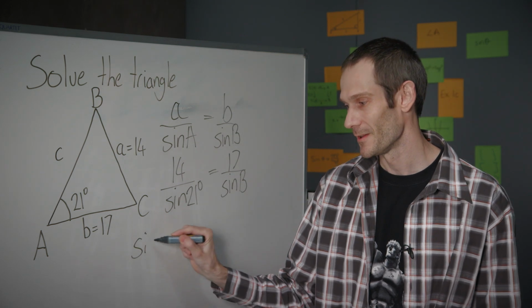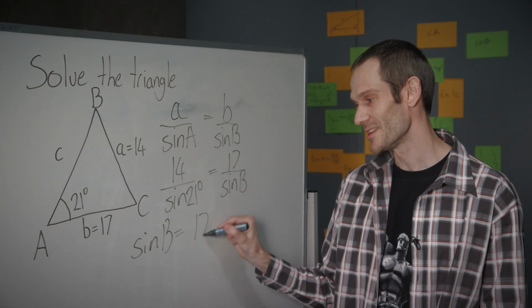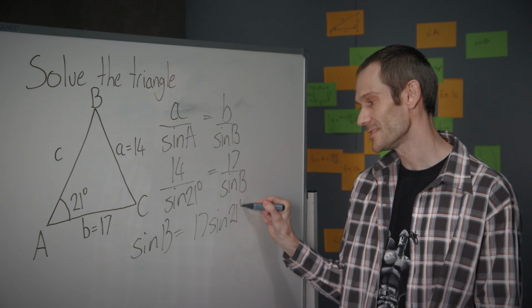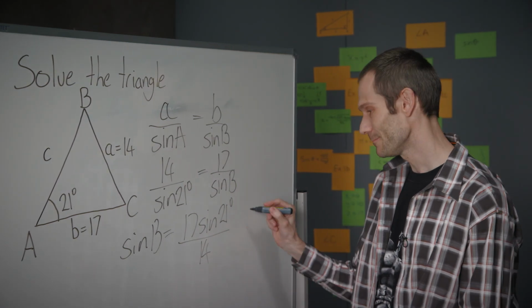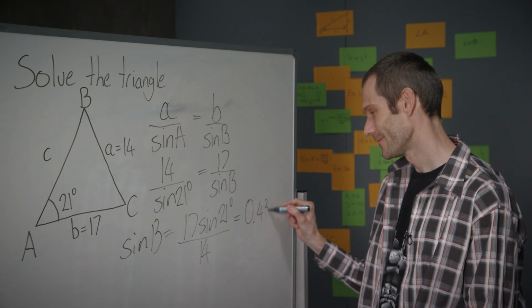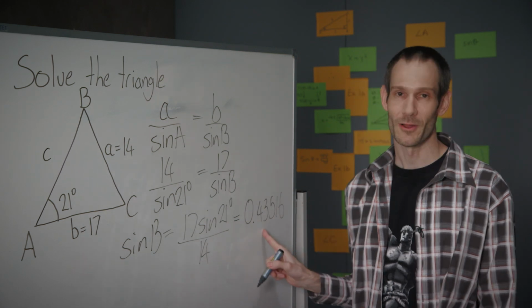So we get sine of B is equal to 17 times the sine of 21 degrees divided by 14. Evaluating this on our calculator, we get the following value.